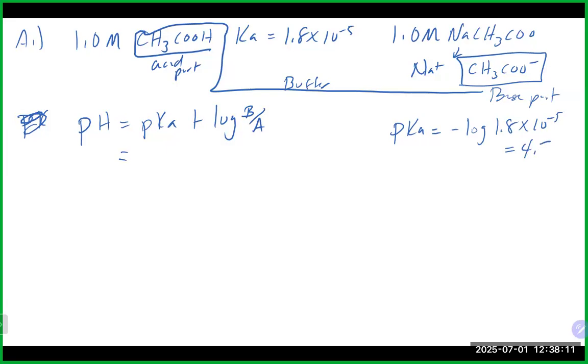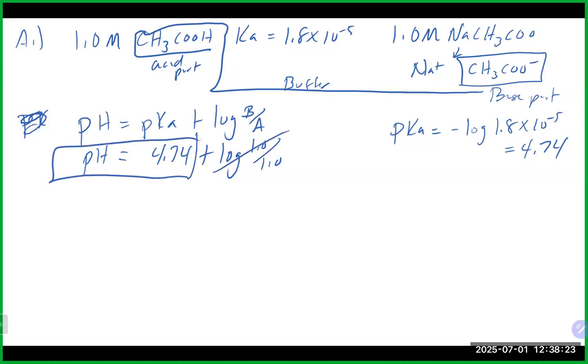That should be 4.74. So pH is equal to 4.74 plus the log of 1 over 1. That is going to equal 0. And that's going to give us, for part A, a pH of 4.74 in this case. First off, any questions on that?